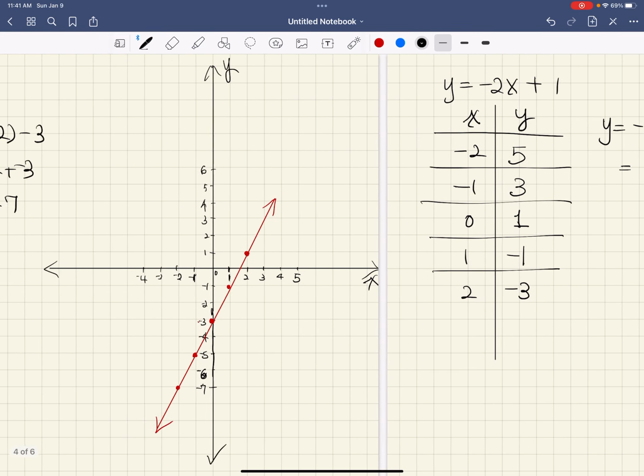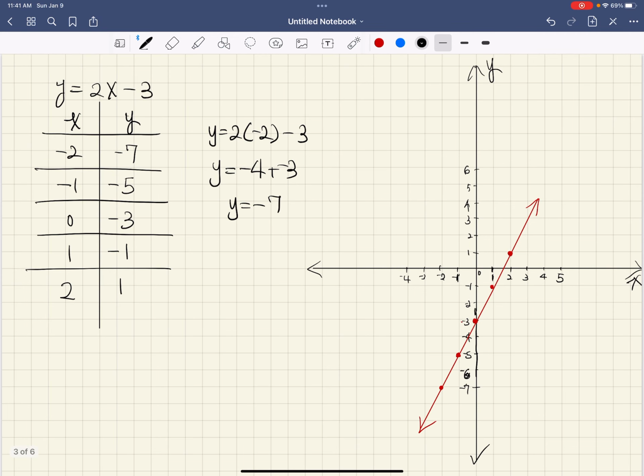So why don't we go back to the first linear equation and try to find the slope from the graph. I said the slope is rise over run or change in y over change in x.